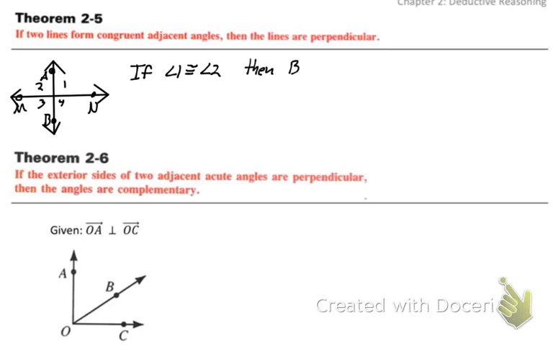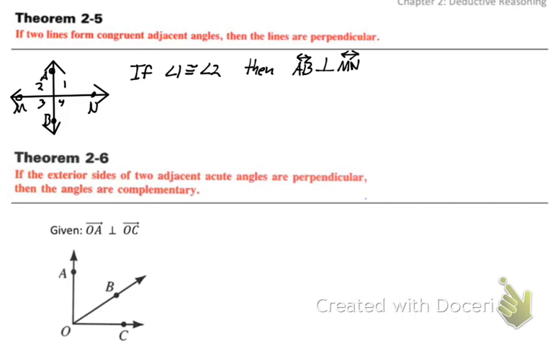So then I have AB is perpendicular to MN. And remember, that's because they have to add up to 180. And if they're congruent, they have to be 90 degrees. As long as I can prove one of them is 90 degrees, it means everything's 90 degrees, and they are perpendicular.